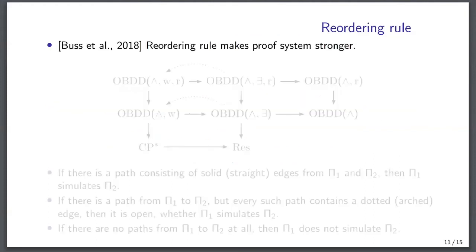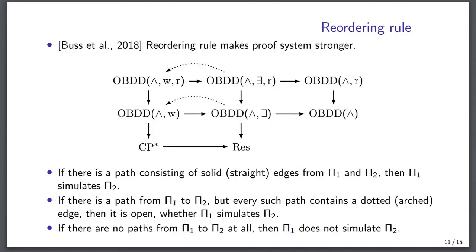Okay. We also have the result that the reordering rule always makes a proof system stronger. If we have a proof system without the reordering rule and we add it, the resulting proof system becomes strictly stronger. And now I am ready to show you the whole picture. This is the state of the art of all mentioned proof systems about simulations. Solid lines mean that one proof system simulates the other proof system.